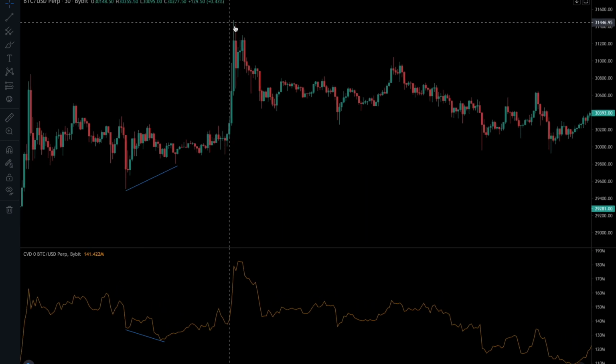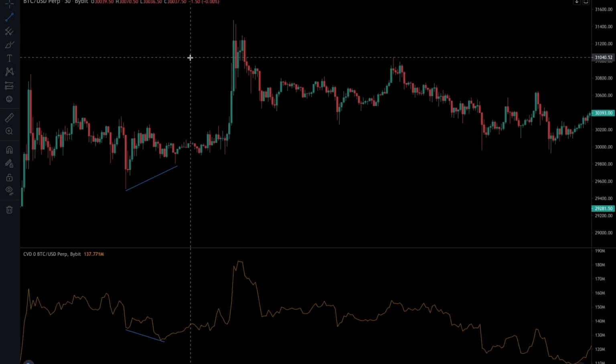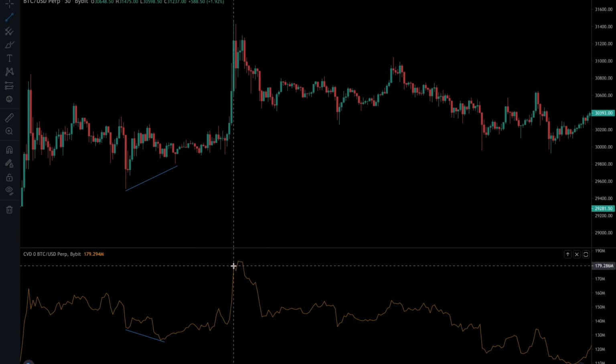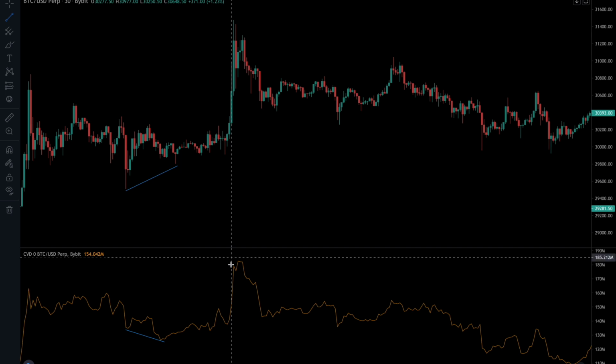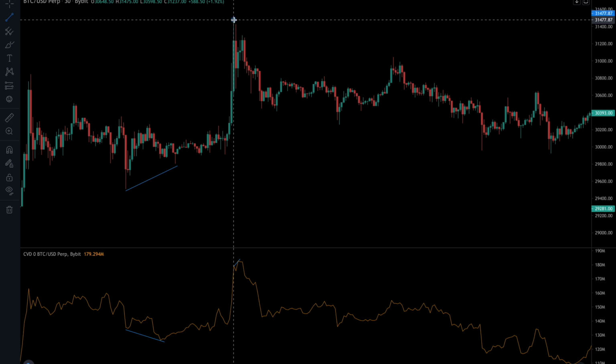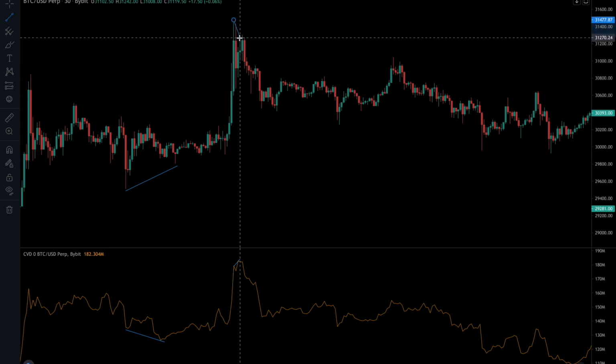Now if you look at these highs, you can also see this absorption, but from the other perspective. CVD here, this is the candle which made the highest high. CVD is increasing, but the price, as you can see here, is decreasing.